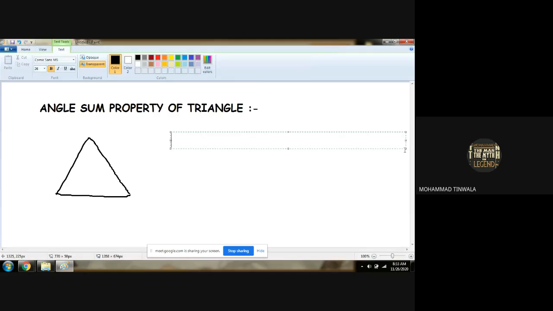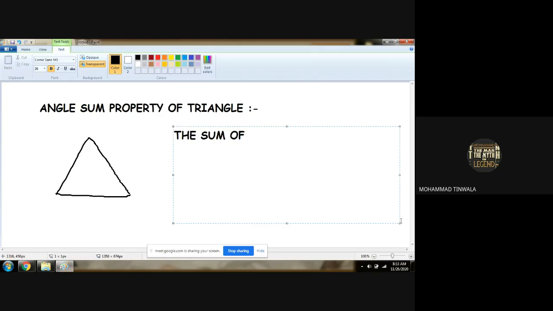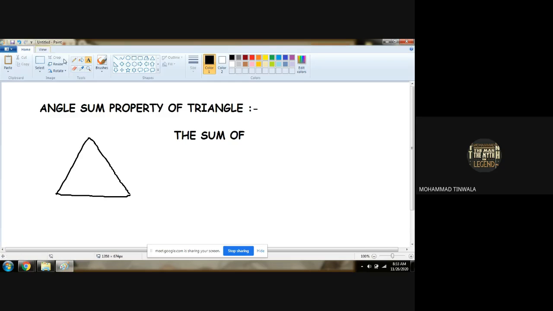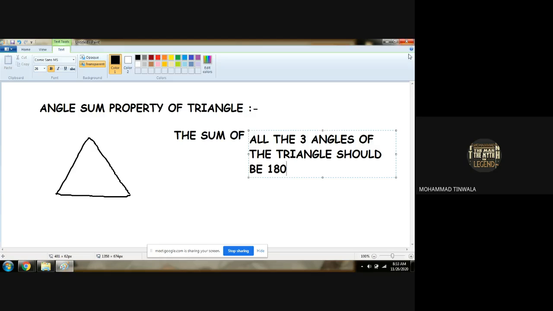You have been doing this statement since fifth standard. The sum of all the three angles of the triangle should be 180 degree compulsory.